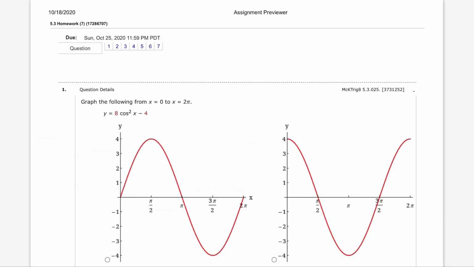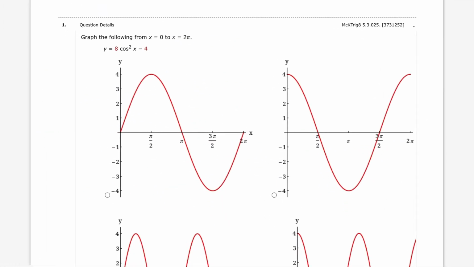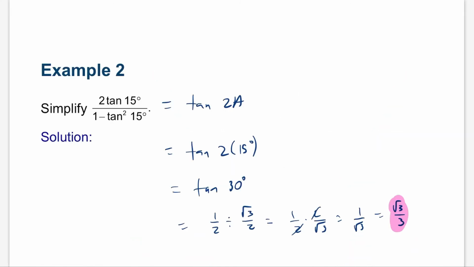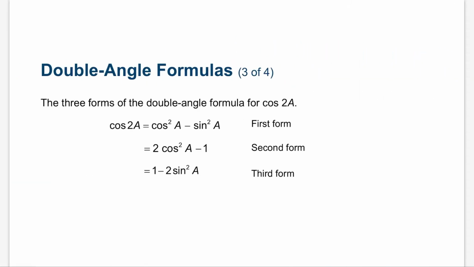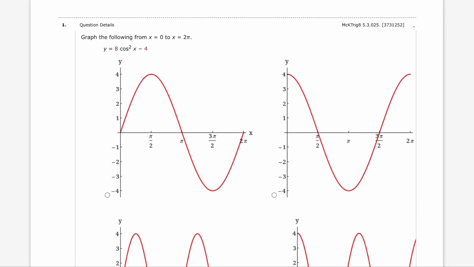All right, let's look at the homework. So for this one, this looks very familiar. That looks just like our cosine double angle formula. And it looks like the second version, this one here. So let's go back. 2 cosine squared a minus 1. So let's factor out a 4.